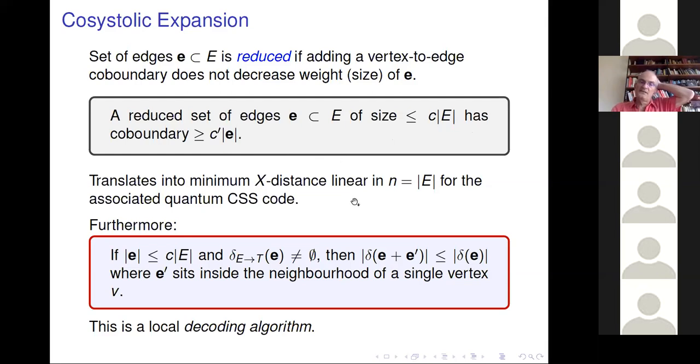So this translates in particular into a very large x distance if you're thinking of the quantum LDPC codes that naturally comes with our two-dimensional simplicial complex.